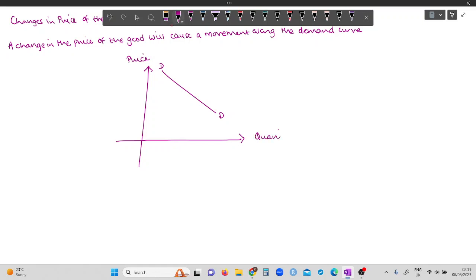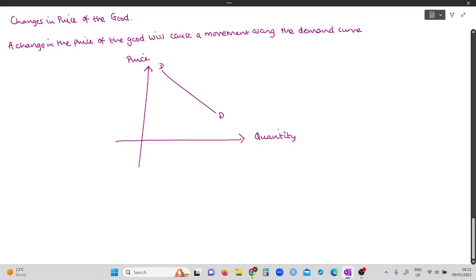Now we will explain how we can cause a movement along the demand curve as a result of a change in the price of the good.